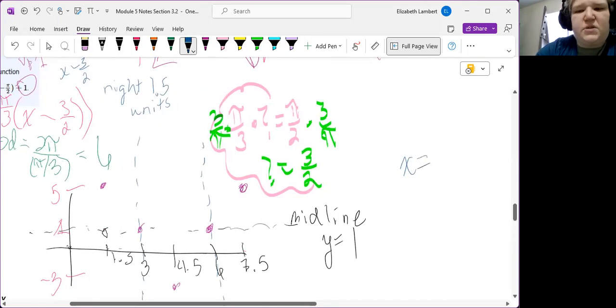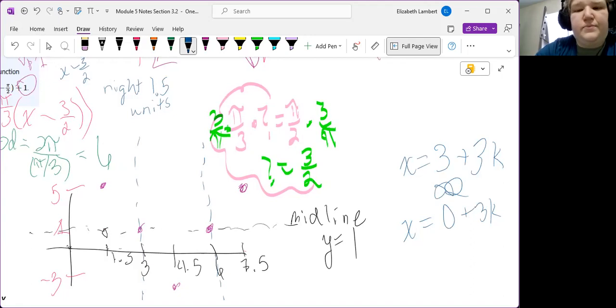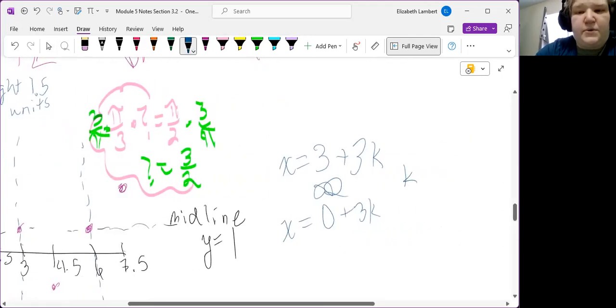So x equals 3, and then to get to the 6, it's 3 times k, or this could also be x equals 0 plus 3k, which would just be 3k. Again, with our normal, k is an integer.